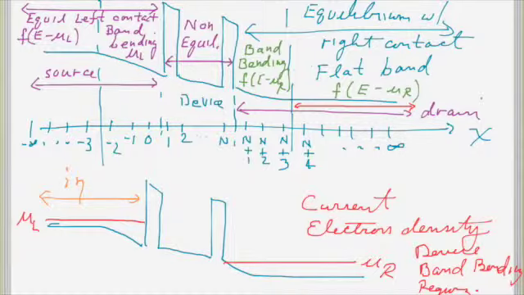So throughout these regions, and in the device, in the non-equilibrium region, eta must be equal to 0. If eta is not 0 in the non-equilibrium region, then you won't conserve current.